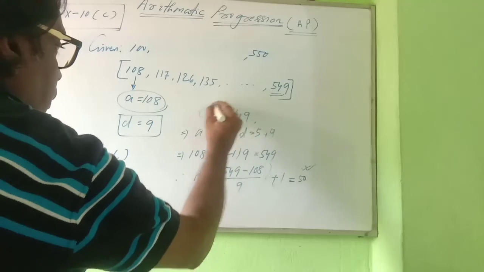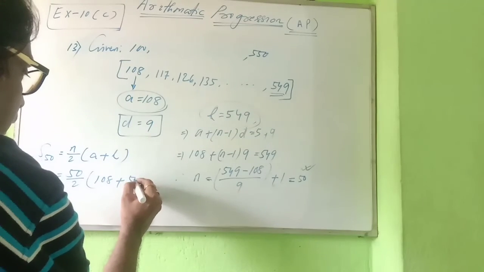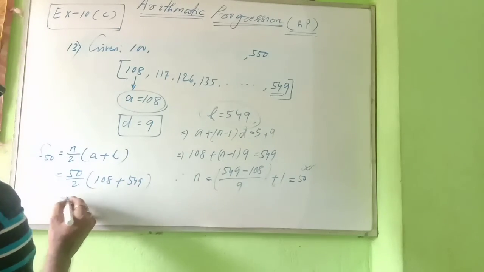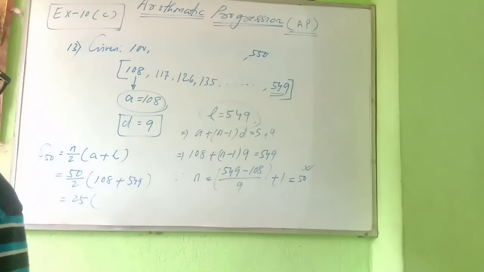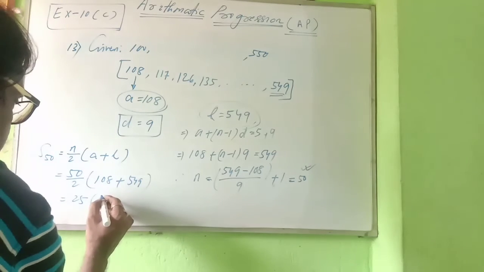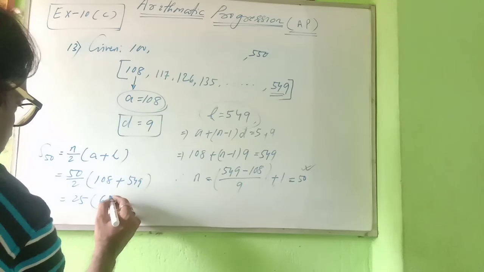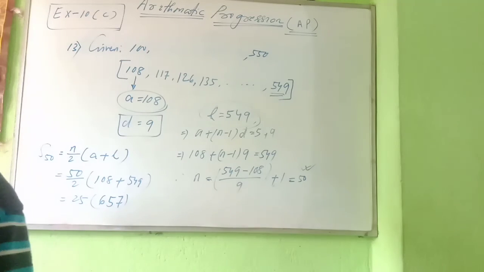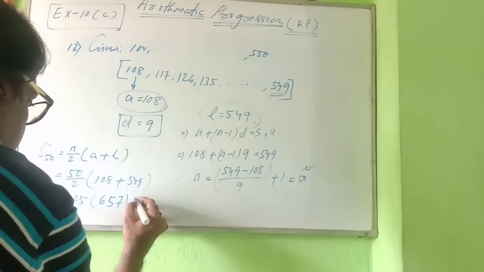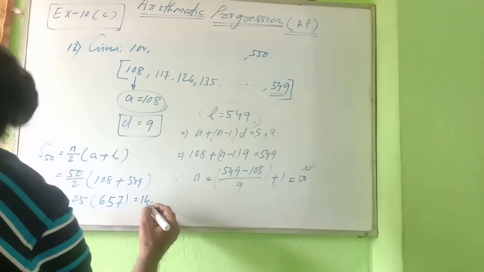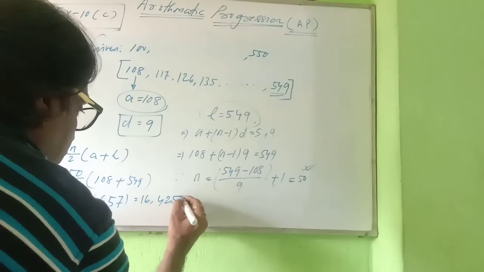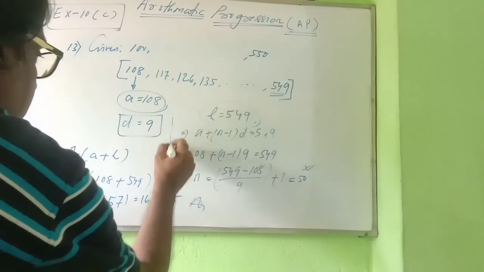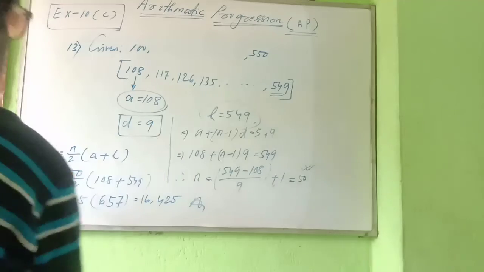Adding these, this will be 25 and this will be 657. 657 into 25 will be 16,425. This is the answer of number 13.